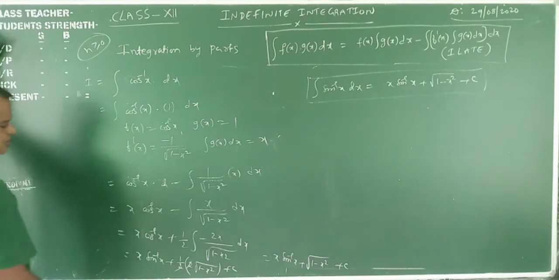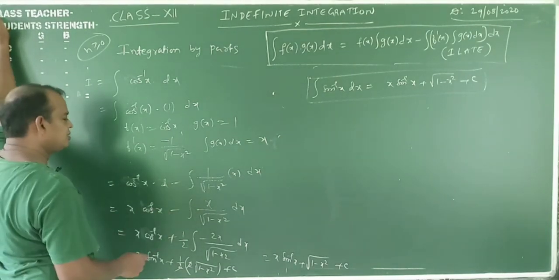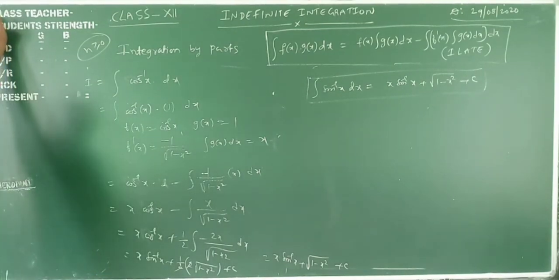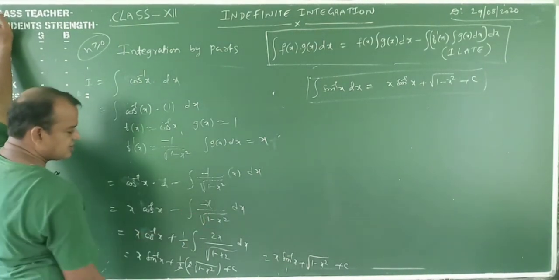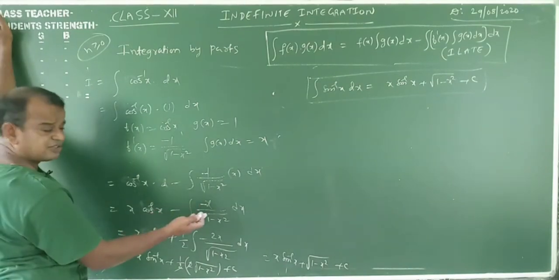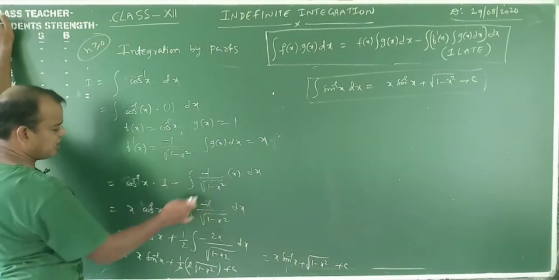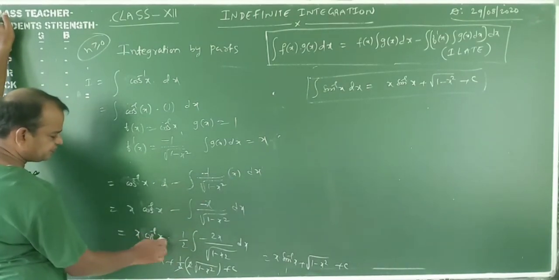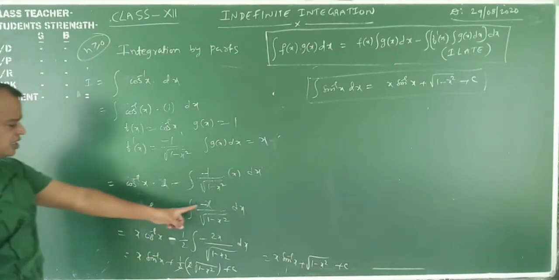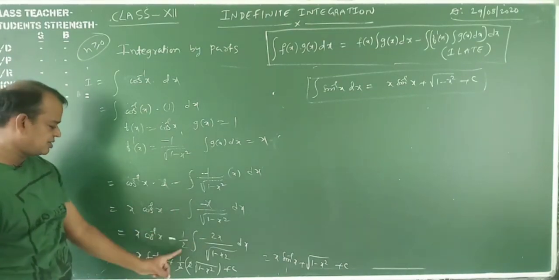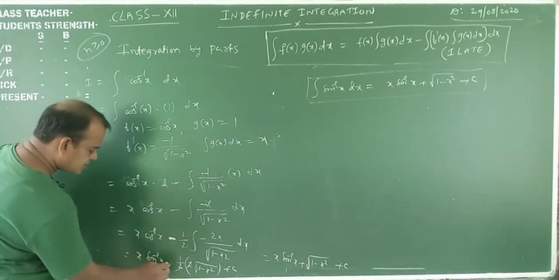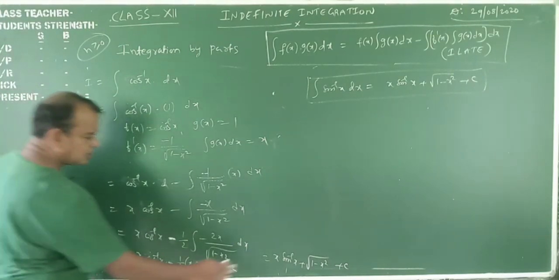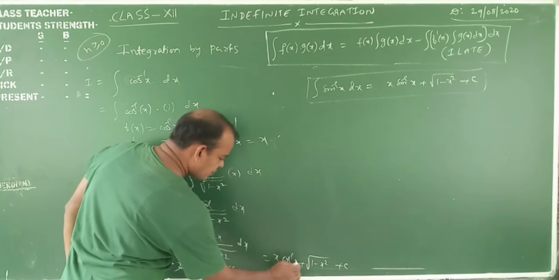Here the derivative means minus, so minus into minus is 100% plus. 1 by 2 into 2, and here minus.